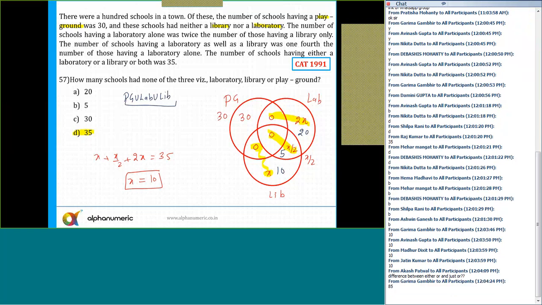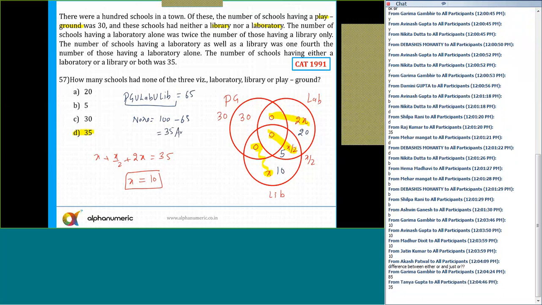Add all of them: 30 plus 20 is 50, plus 10 is 60, plus 5 is 65. So what is none? None is always equal to total minus the union of these three. Total is 100, and 100 minus 65 is 35. And this is the answer.